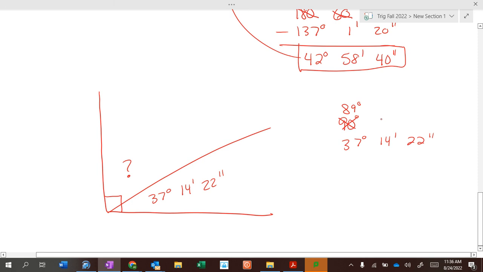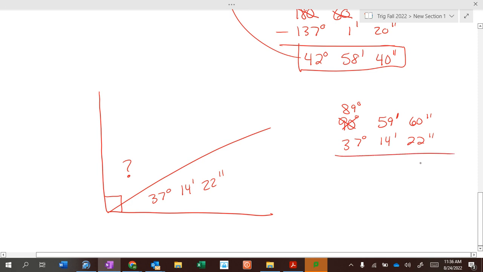Instead of 60, we're going to have to make this 59 minutes. Then we're going to have to make this 60 seconds. Because there's 89 degrees, 59 minutes, and 60 seconds in 90 degrees, if you put numbers in each of those spots. Then it's easy peasy lemon squeezy.